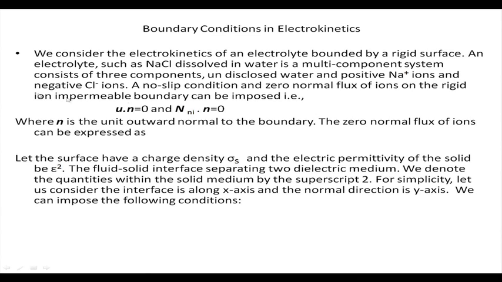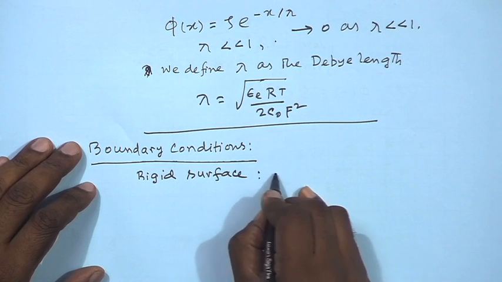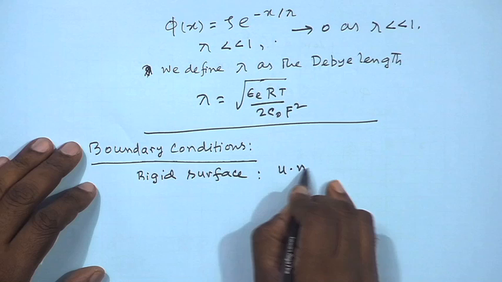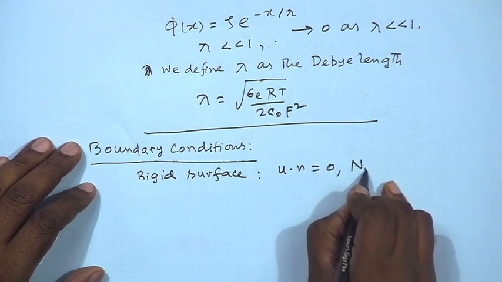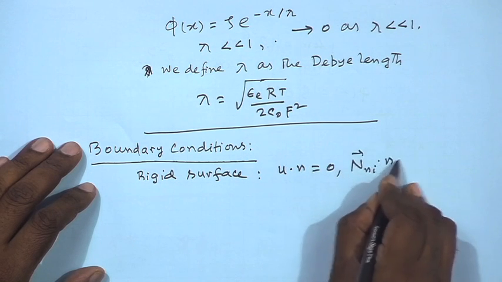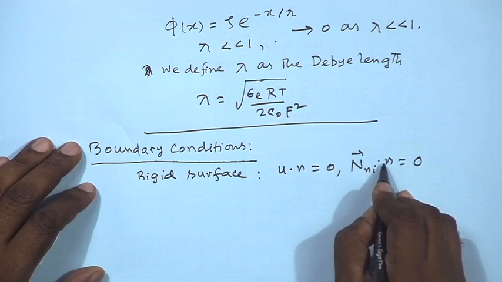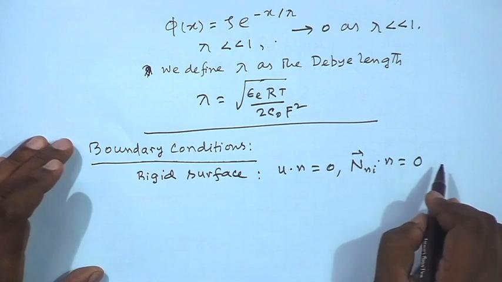So, we have these two conditions: u dot n equal to 0 and N_i dot n equal to 0, the rigid surface. So, no normal flow and no flux across the surface. So, 0 flux on the surface.